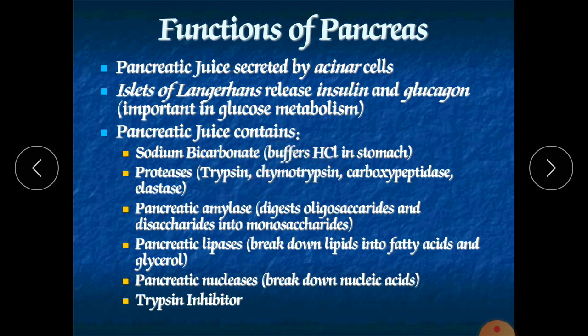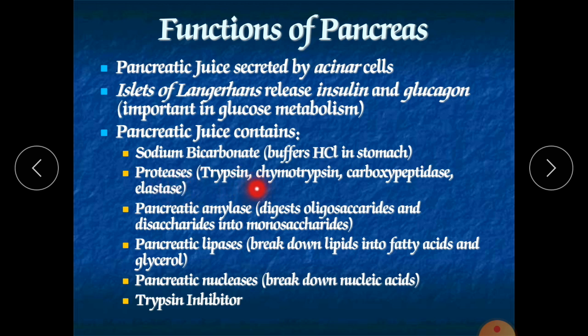So you should count how many enzymes there are and try to recall all the names of the enzymes. It can also be asked in the examination. First, there is the enzyme for carbohydrate, called pancreatic amylase, which digests starch. Second are the proteolytic enzymes.